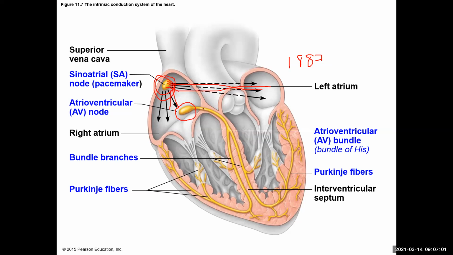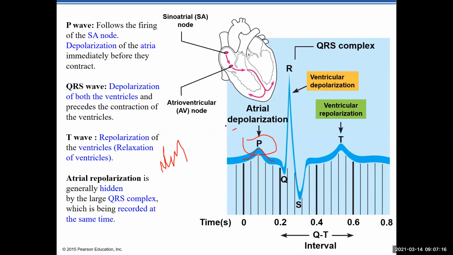So the P wave tells you the depolarization of the atria, which has spread to both atria, and after depolarization there will be the contraction of the atria. So atrial depolarization is followed by atrial contraction: the atria get depolarized first, and then the atria contract, of course, right?